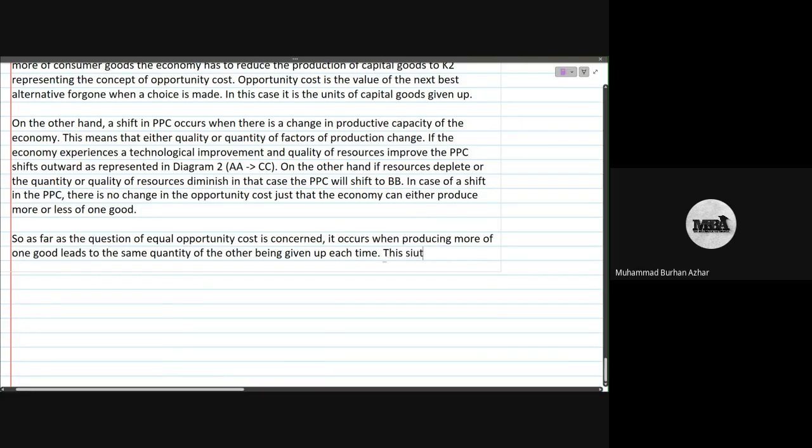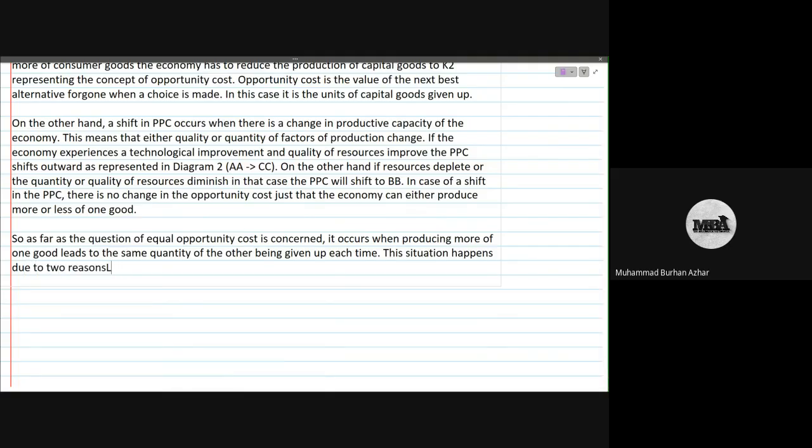This situation happens due to two reasons. Number one, resources are perfectly suitable for production of both goods. And number two, the goods are homogeneous in resources. Right? Now we will explain what this essentially means.